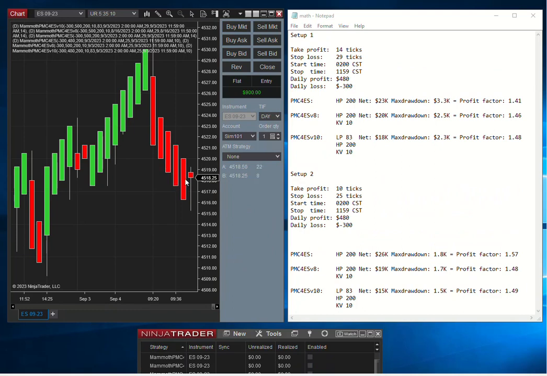The third bar, you're gonna have to have this bar go a tick below the close of this bar in order to get 10 ticks in profit.